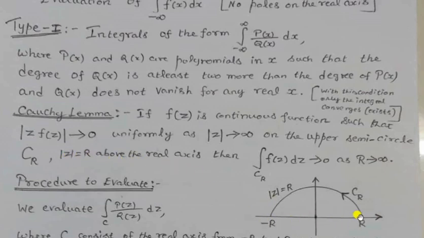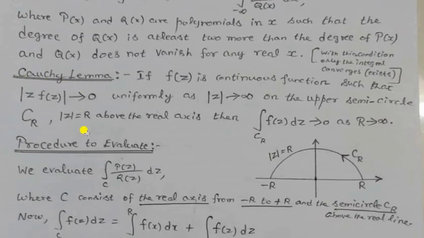Here this is the real axis, this is the imaginary axis, and the contour is defined above the real axis. Then the integration over this upper semicircle of f of z dz tends to 0 as R tends to infinity. This is the statement of Cauchy lemma, which we will apply for evaluation.